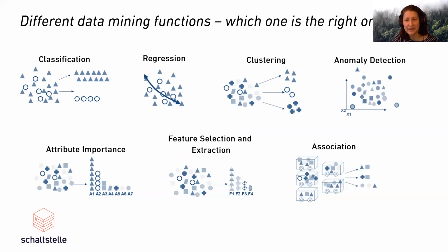We didn't select this very scientifically, and honestly, you don't have to, because every data mining function has a name and a short description in the Oracle documentation. And if you read this documentation and have a clear question that you want to solve, it should be very clear which data mining function you have to choose to go further with.